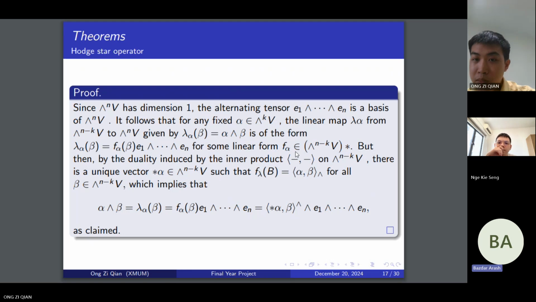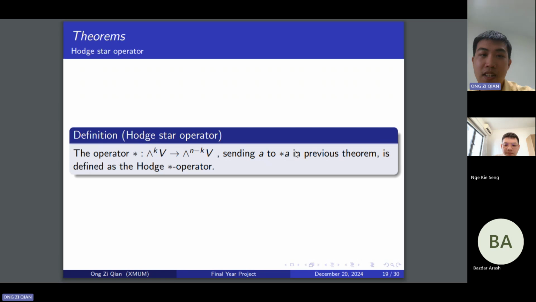You already passed the time, I don't think you need to give a proof. Okay. And we have already defined the operator from k tensors to n minus k tensors. If we change V to V star, it also works, and it gives a map from k forms to n minus k forms.